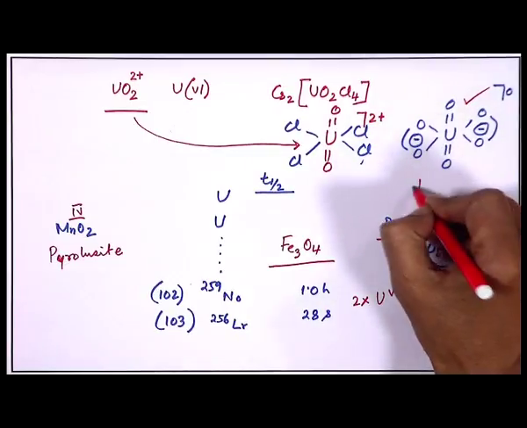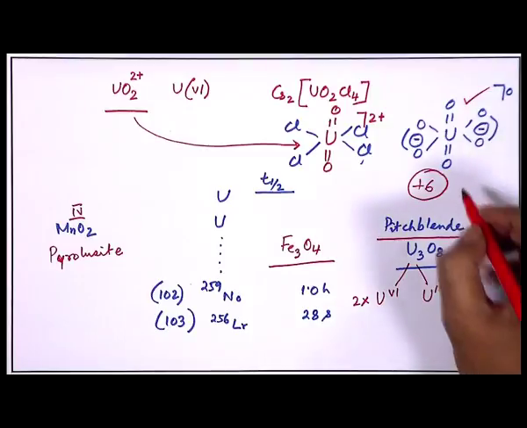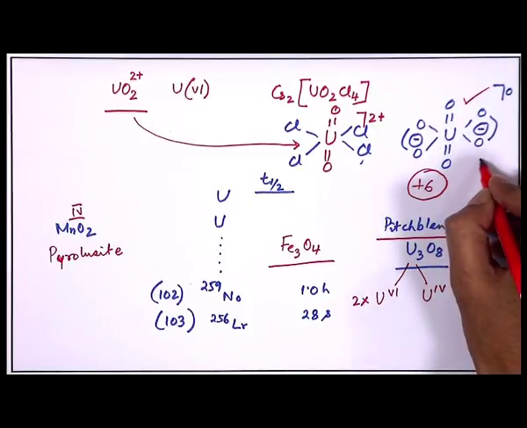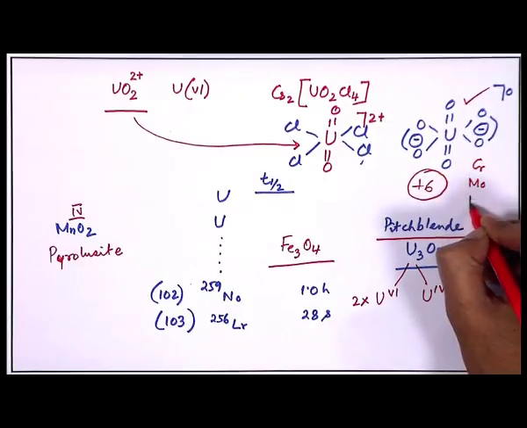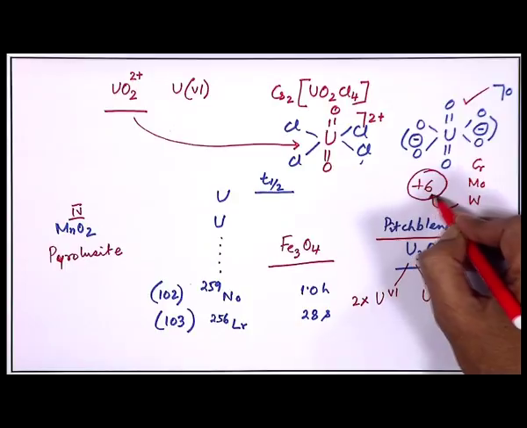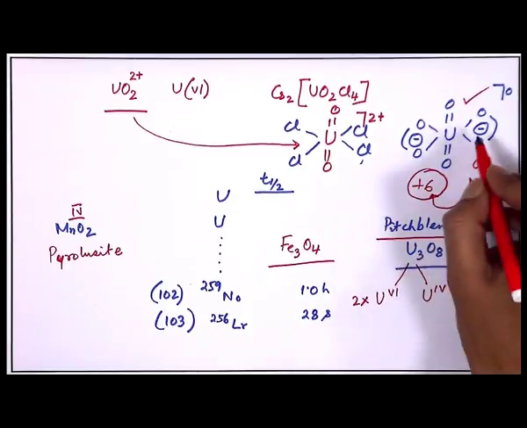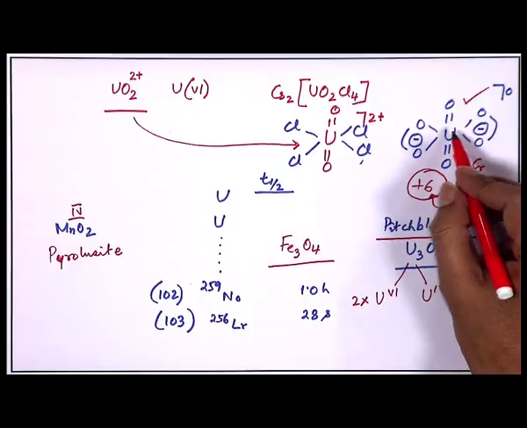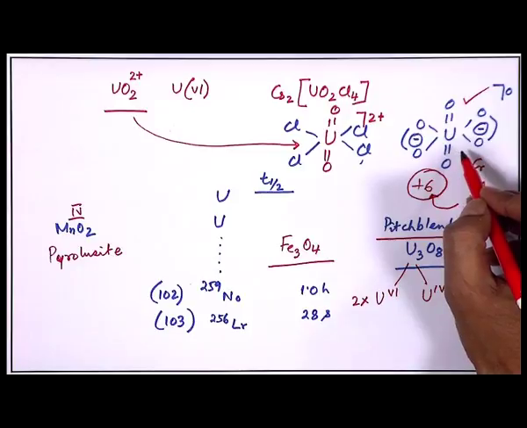This +6 oxidation state we can also correlate with chromium, molybdenum and tungsten that we studied earlier. In some cases molybdenum and tungsten can form dioxo species. Similarly, uranium forms similar types of metal complexes, which we will see when we study coordination compounds.